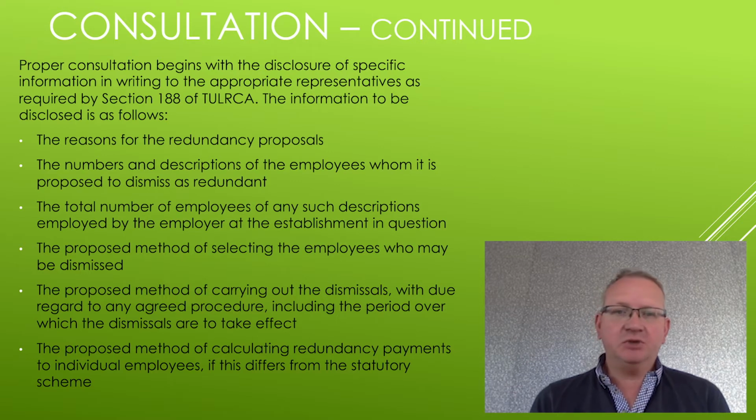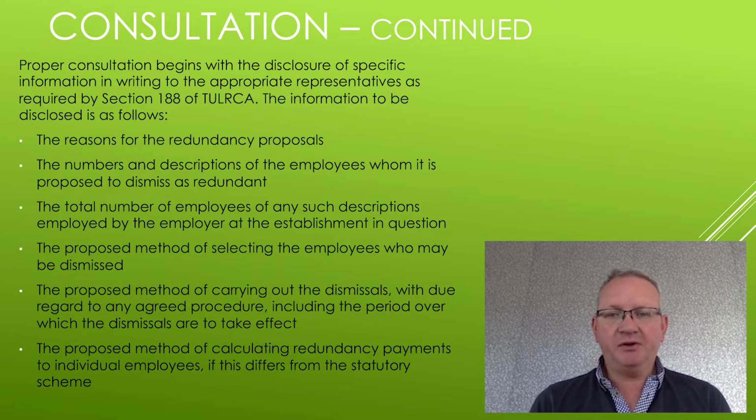The information to be disclosed is as follows: the reason for the redundancy proposals, the number and description of the employees who it is proposed to dismiss as redundant, the total number of employees of any such descriptions employed by the employer at the establishment in question. This is a clear distinction. You don't make people redundant, you make roles redundant. Therefore, anybody with a similar role should be included in the pool.